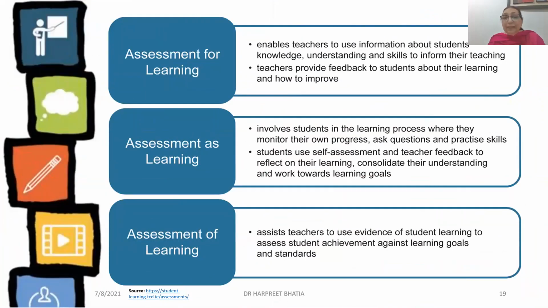So the assessment for learning enables the teachers to use the information about the students' knowledge, understanding, and skills. The assessment for learning also helps the teachers to provide feedback to the students about what they have learned and how they can improve. The assessment as learning involves the students in the learning process, where they monitor their own progress, they ask questions, they practice skills, they learn how to apply the information that they have learned.